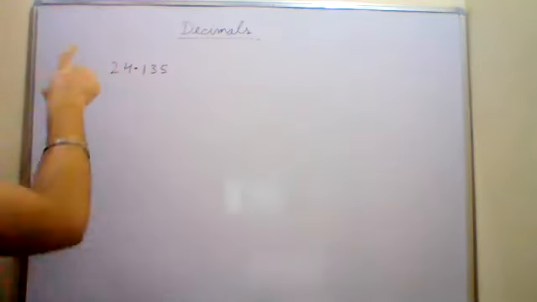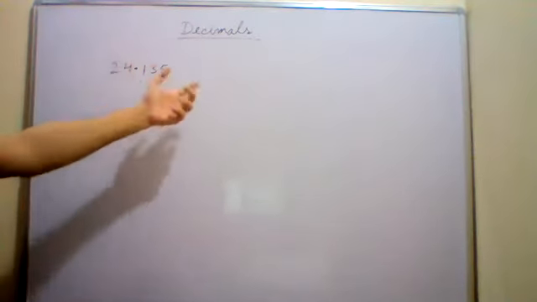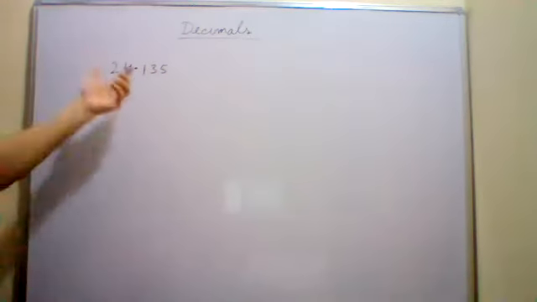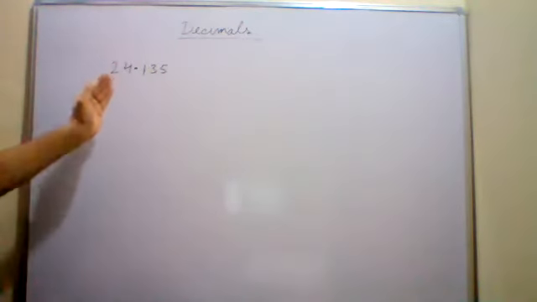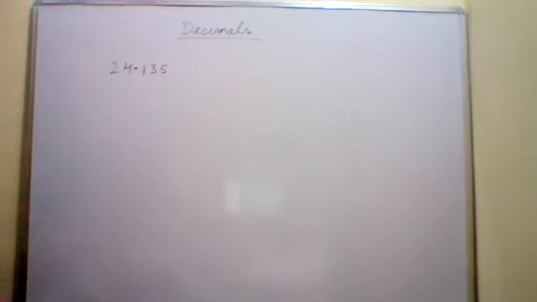You cannot call this number as twenty-four point one hundred thirty-five. This is a wrong way to call this number. You have to call it as twenty-four point one three five.